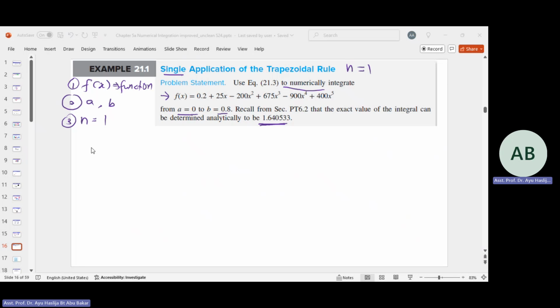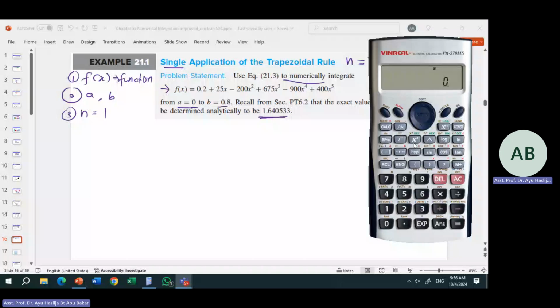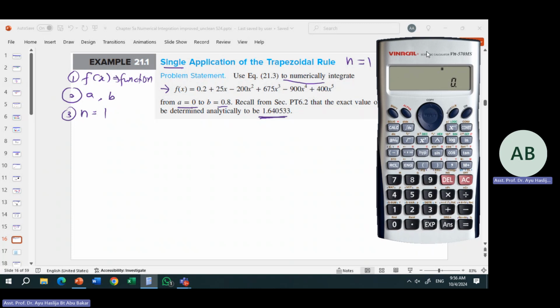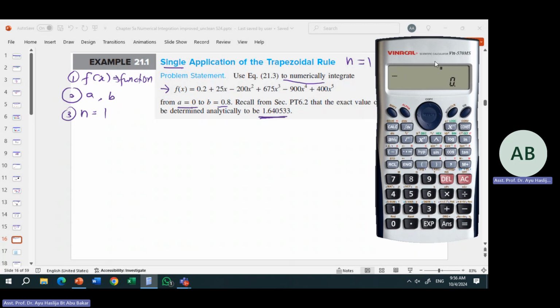Here. I want to make sure all of you know how to integrate using a calculator.